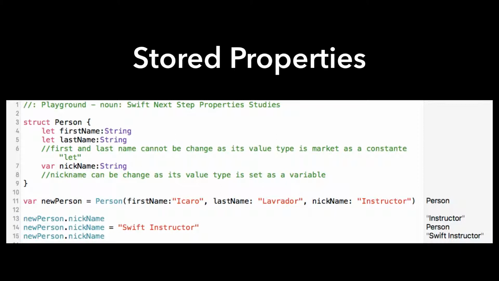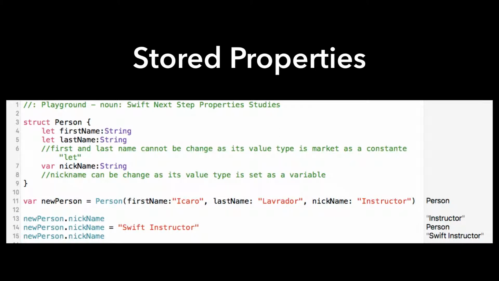That means this person can never change its first name and its last name, because it makes no sense for one person to change its first name and its last name. You cannot change your first name and your last name. However, you can change your nickname. So your nickname is a var, because it can be changed.